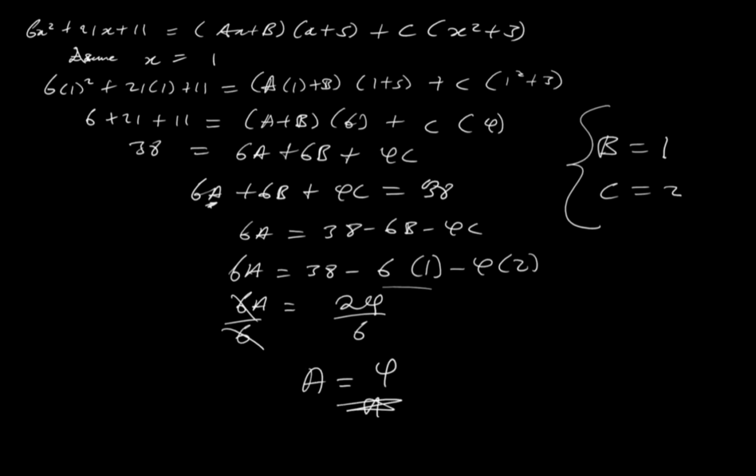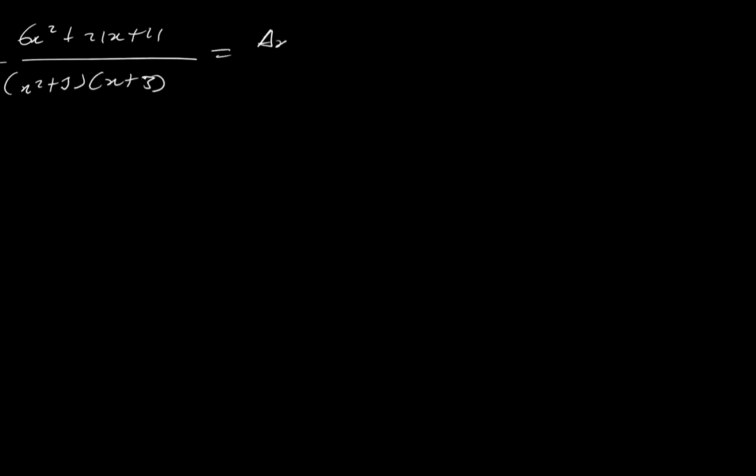Now you have all the values you need. You can just put them back now. So now remember, we had this 6x squared plus 21x plus 11, all of this over x squared plus 3, then x plus 5. In our decomposition, we had ax plus b over x squared plus 3 plus c over x plus 5.